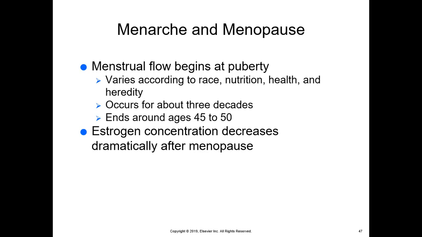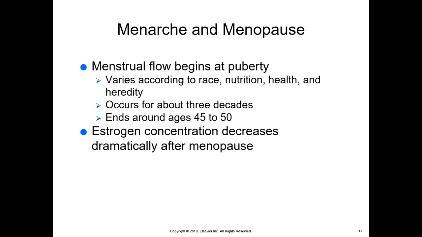Menopausal is the stoppage of menstrual flow. So premenopausal is just before you stop your menstrual flow. And when you're going through menopause, you have sporadic menstrual flow. Some people going through menopause have their hormones going out of whack all over the place.